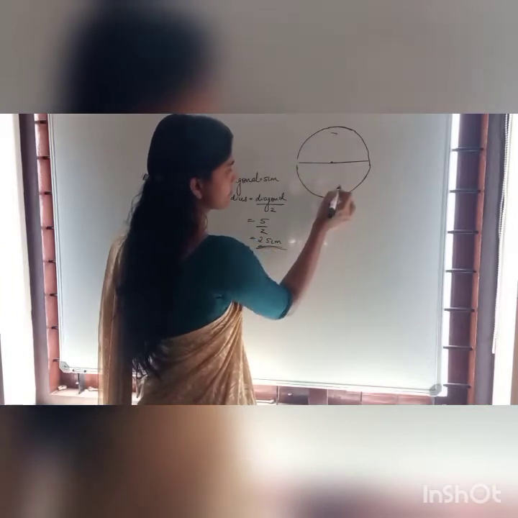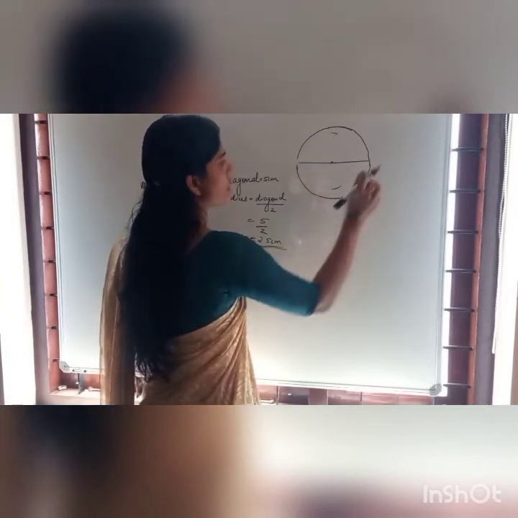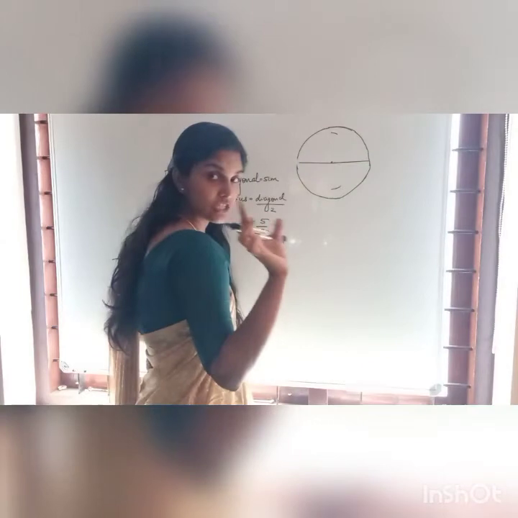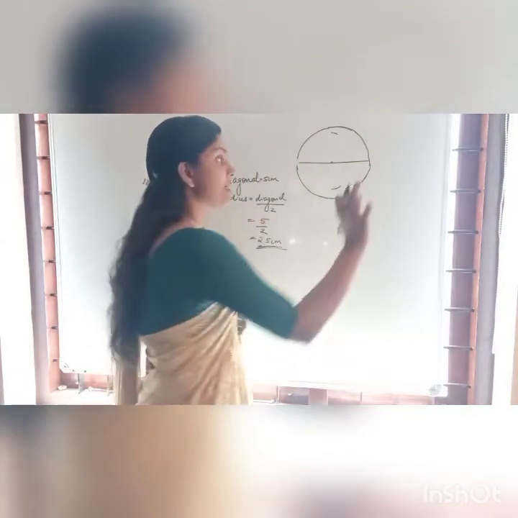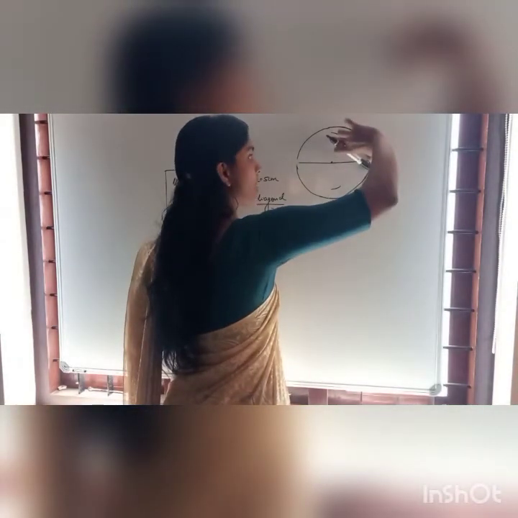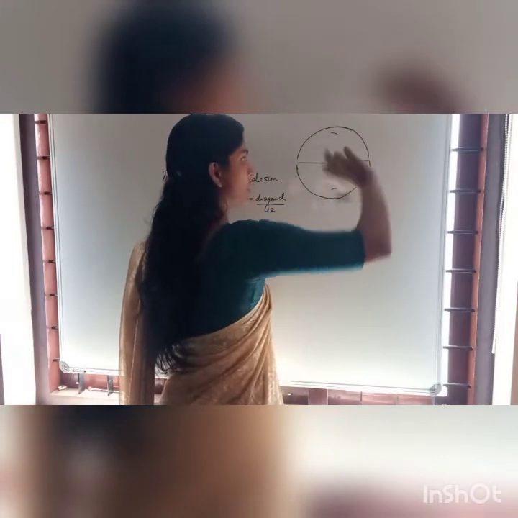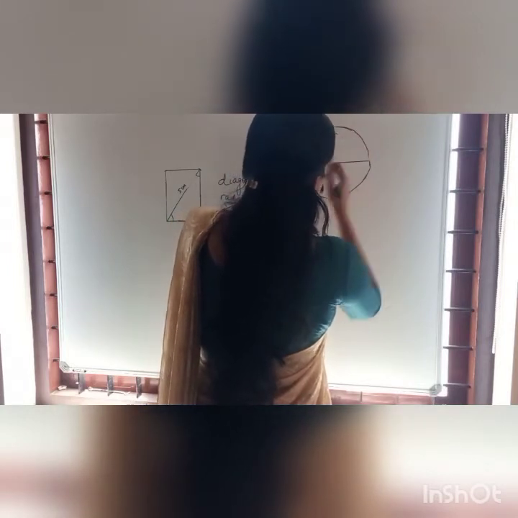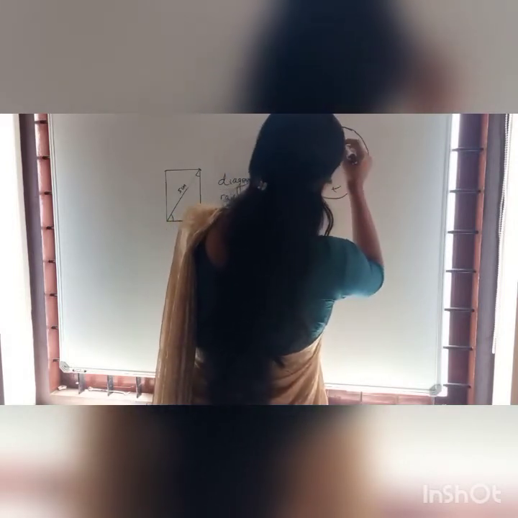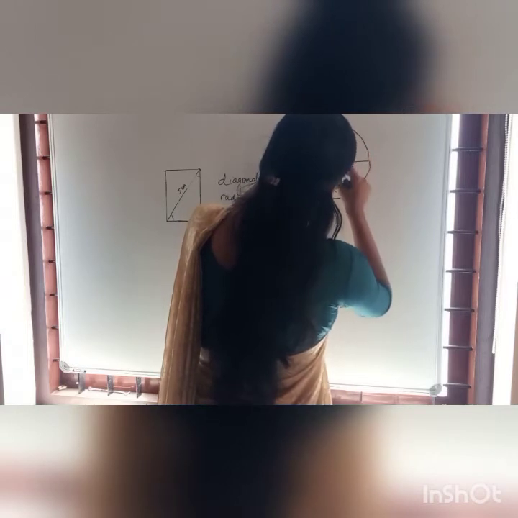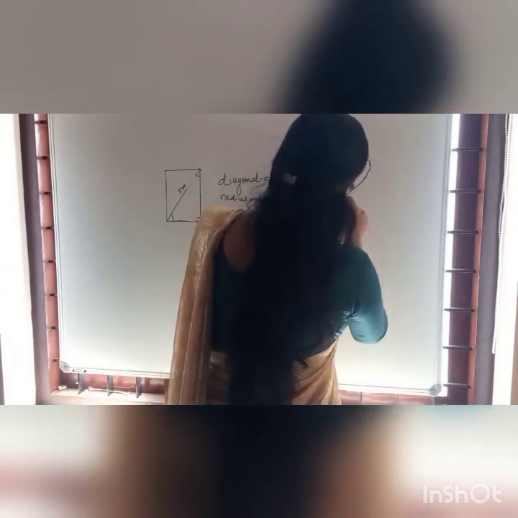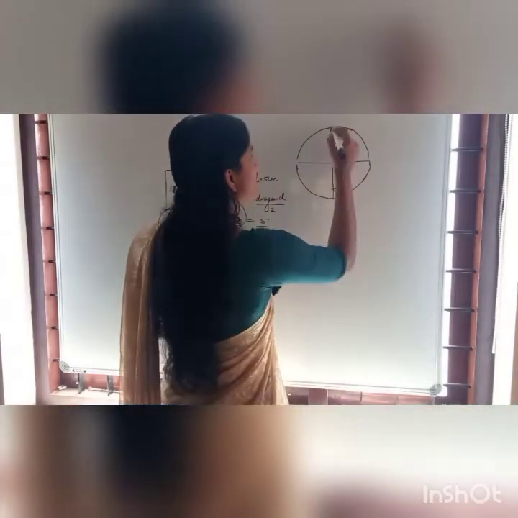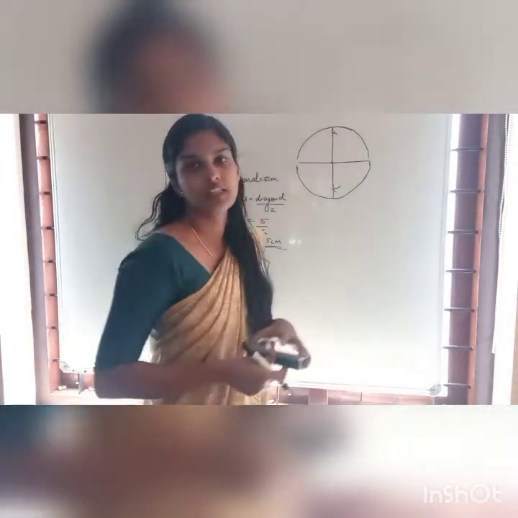Okay, now keeping the same measure on the compass, place your compass over here, mark an arc over here and an arc over here. Okay, now this is the perpendicular bisector that you have got.